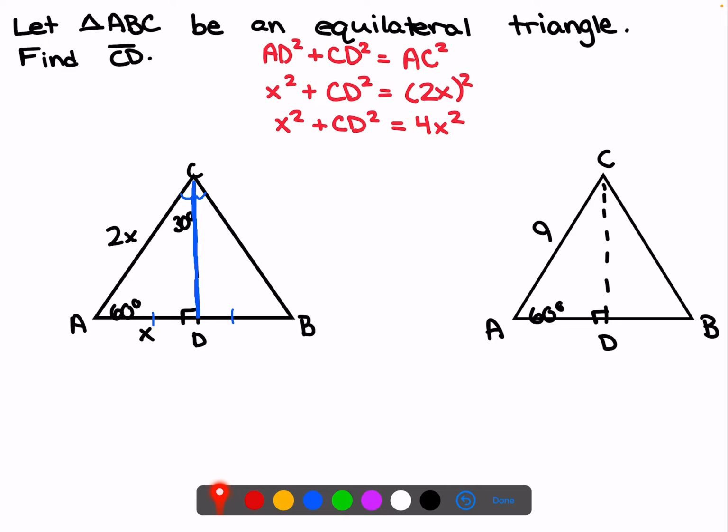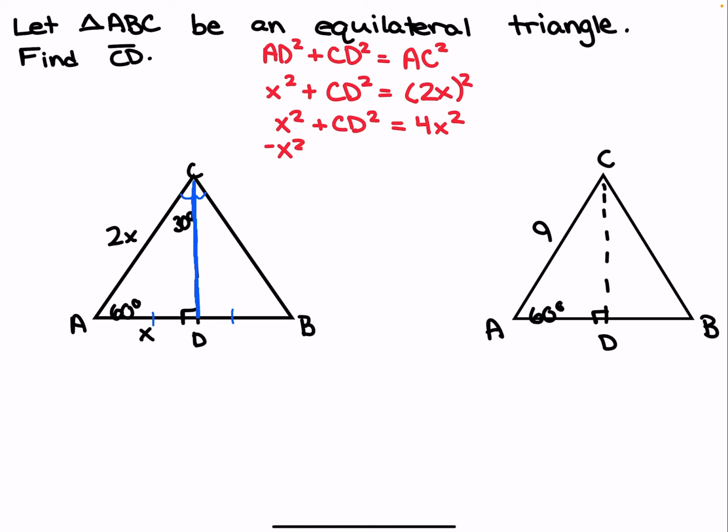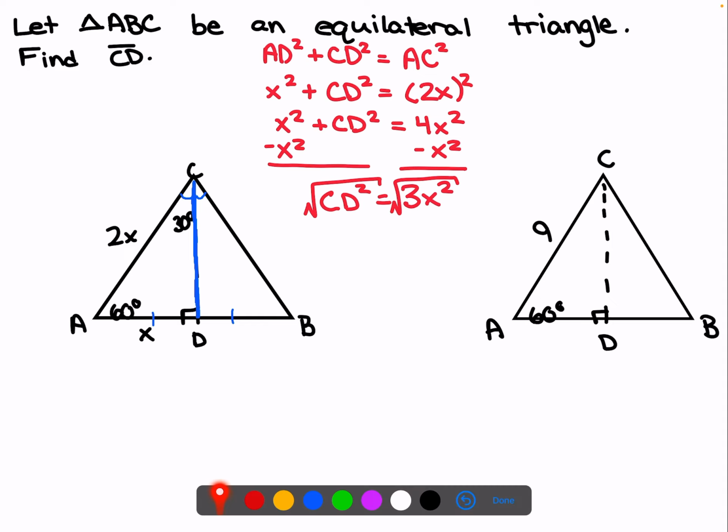4x squared minus 1x squared leaves us with 3x squared. So CD squared equals 3x squared. To get rid of the square, we take the square root. What I do to one side, I must do to the other. The square and the square root will cancel each other out on the left side, leaving us with just CD.